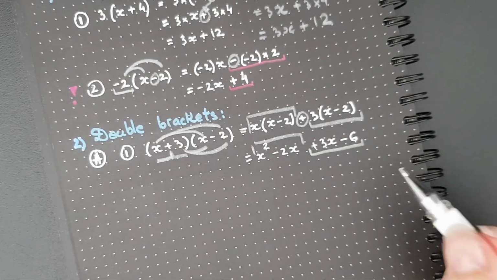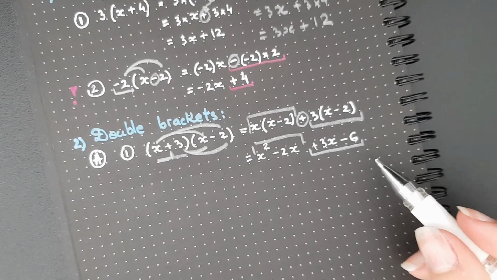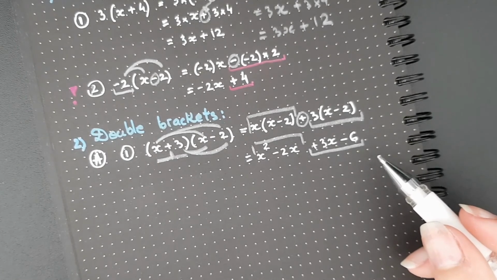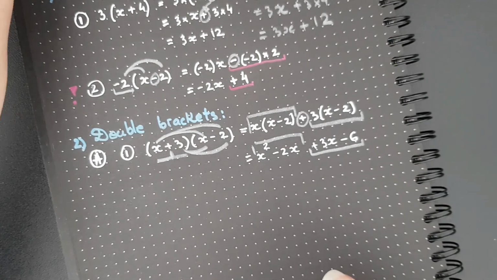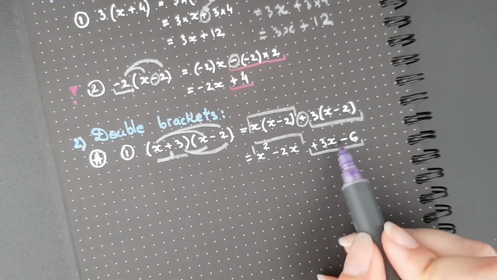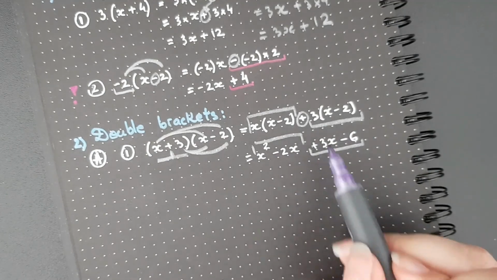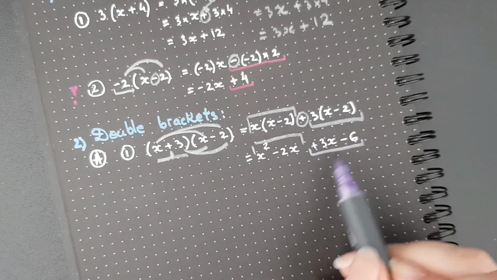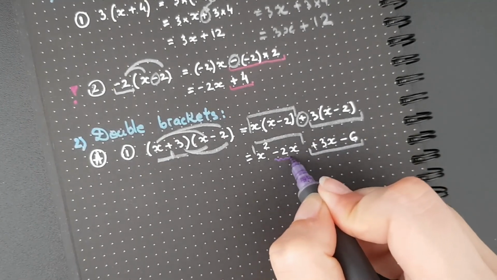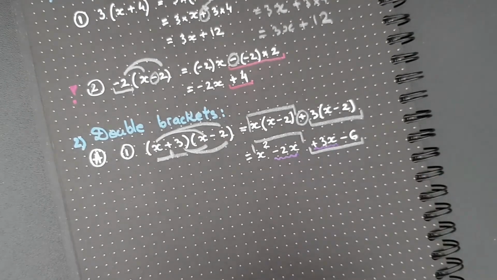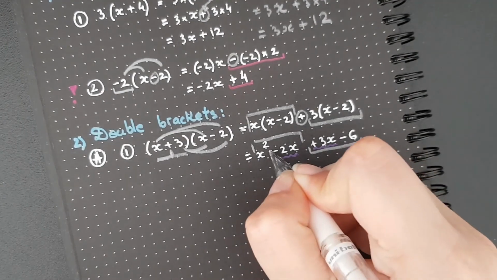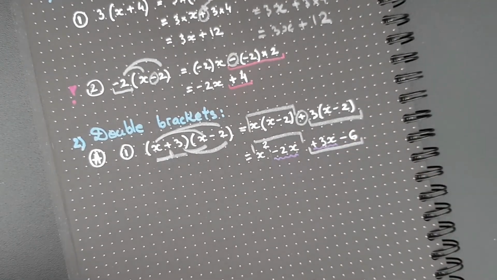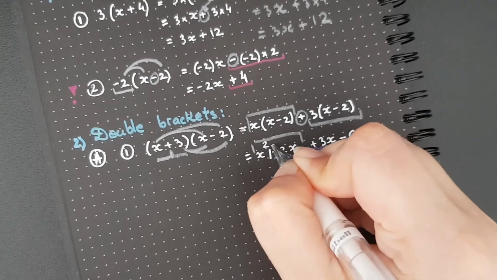I didn't do a lot of stuff yet. I didn't complicate my life. Everything was quite straightforward. Now what we need to be careful with is that I need to tidy up things, which means I have to look around and see which of the things are the same. And I have this negative 2x and this plus 3x over there. So I think I'm gonna put them into little boxes.